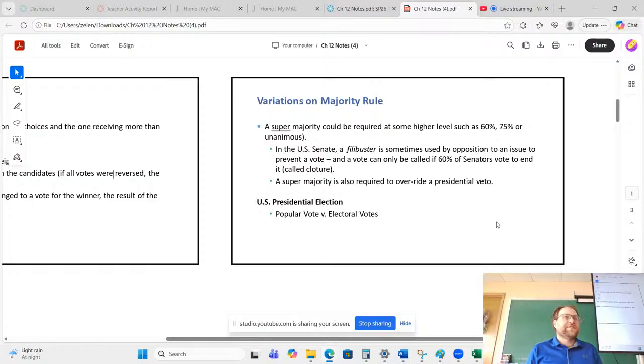So if the president does something and the Senate doesn't like it, they need 60% of all the senators to vote against it. That's one of the checks and balances of the government. And it also shows up in the Electoral College, which is very important when it comes to the presidential election.